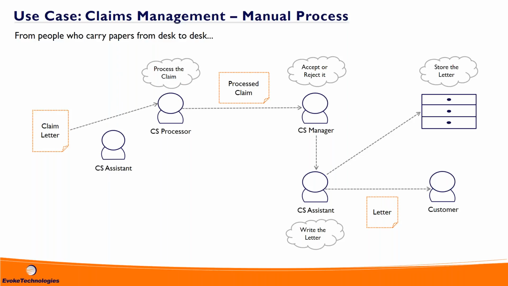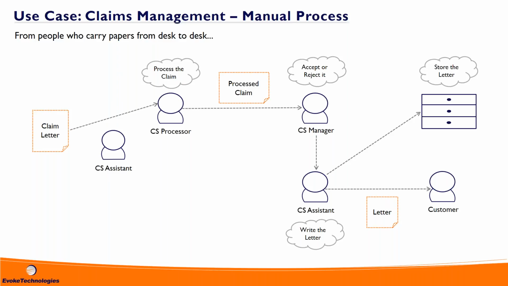When they do this, they look at the claim letter and understand whether all the required data is there or not, whether all the validations are done, and it's ready to be given to the next level in order to process it in the right way.